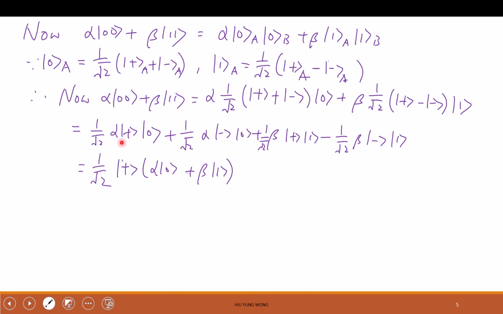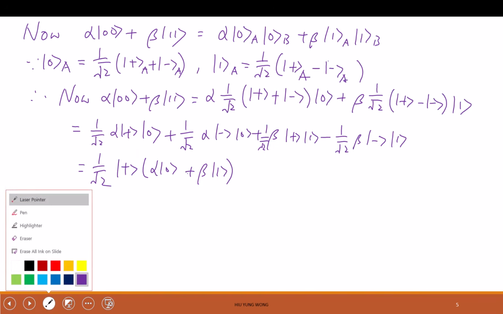Because here, alpha is just a number I put inside. So here I have alpha, I have plus, and then |0>. Here I also have plus, beta |1>. Do you see that? Or just the reverse: this multiplied by this, plus this multiplied by this, equals this term plus this term. Okay?